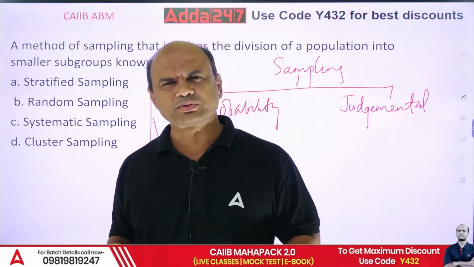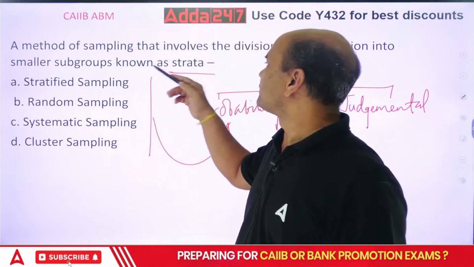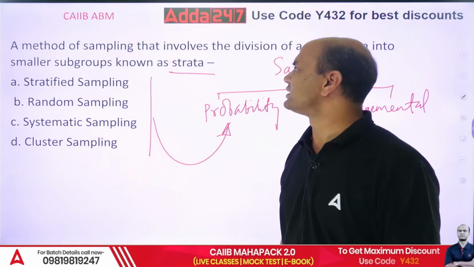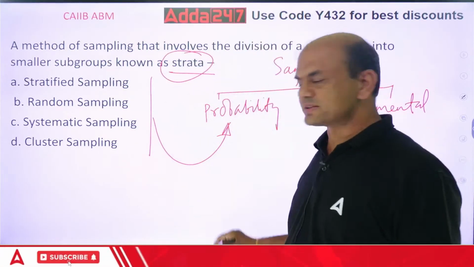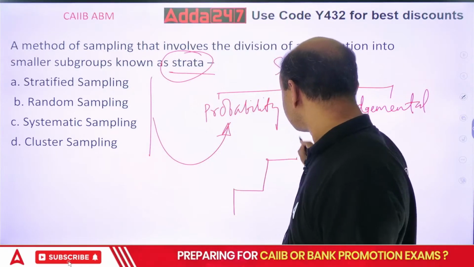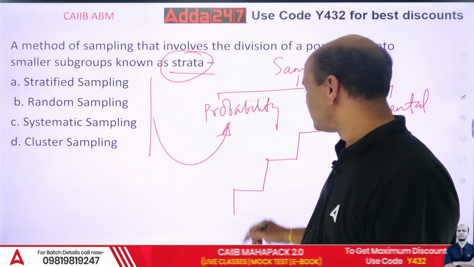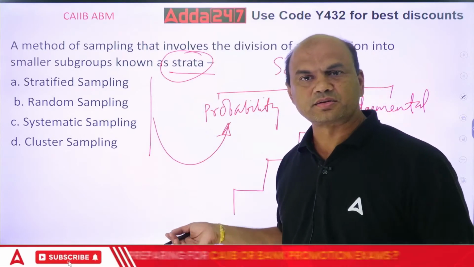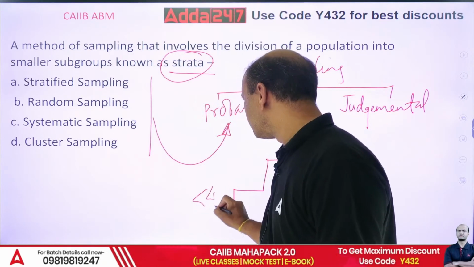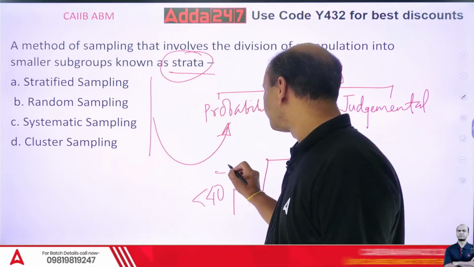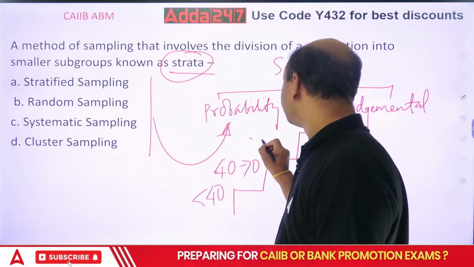Both have their pros and cons. Now the question is: the method of sampling that involves division of population into smaller subgroups called strata. What do you mean by strata? Strata means, for example, students having a percentage below 40%, then 40 to 70, then 70 to 100.